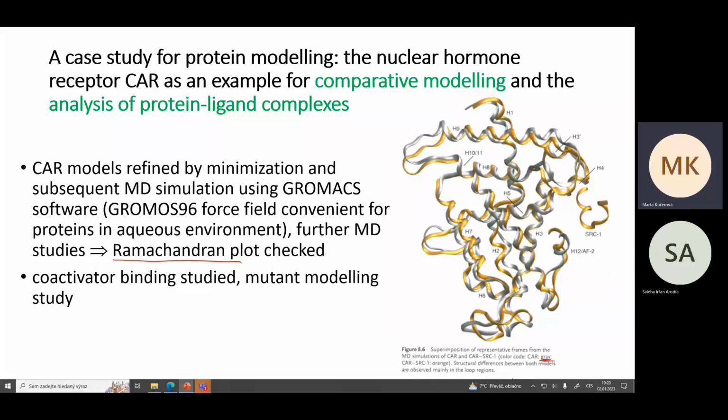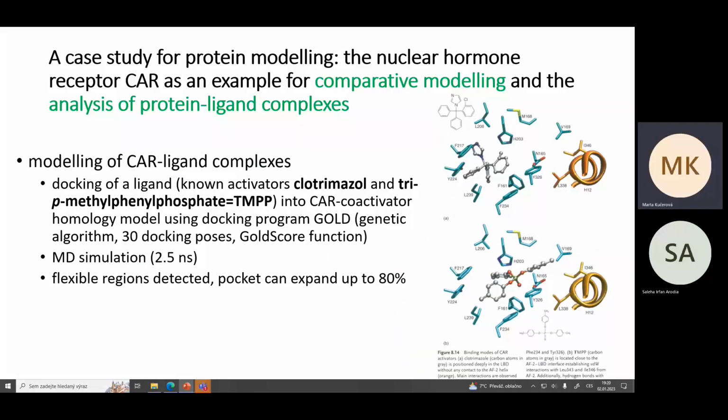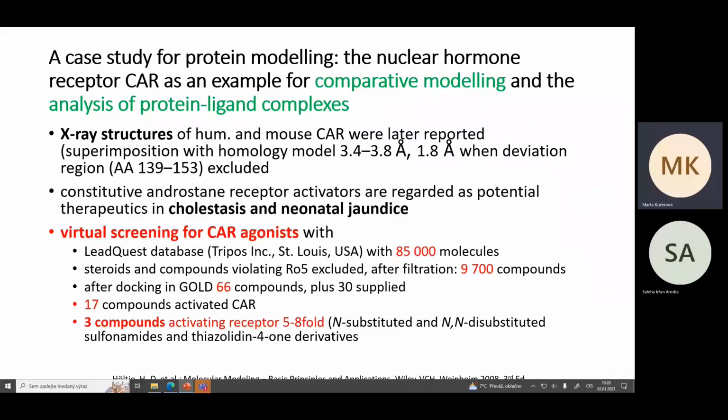They also ran a molecular dynamics study, and they checked in a docking program the binding of the two known ligands, which were clotrimazole and 3-paramethyl phenyl phosphate. So on the right side, you can see the structures of the ligands bound to the active site of the constitutive androstane receptor.